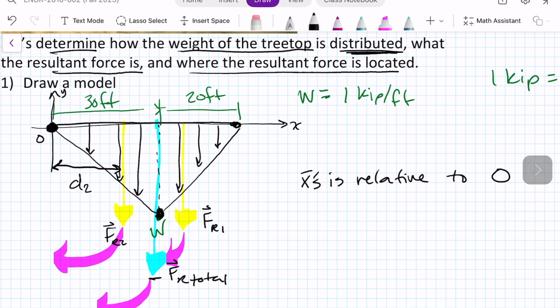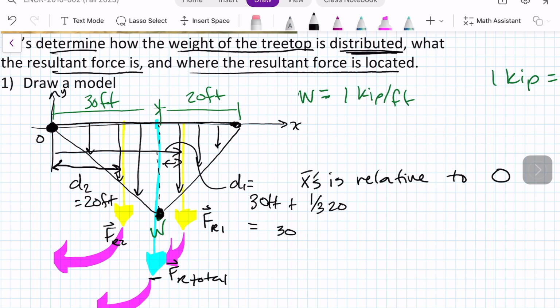So 2/3 of 30 would be 20 feet. And for this one, we need to go all the way from O to our force. D1 would be equal to 30 feet plus 1/3 of 20, which I simplified to 30 plus 20 over 3.